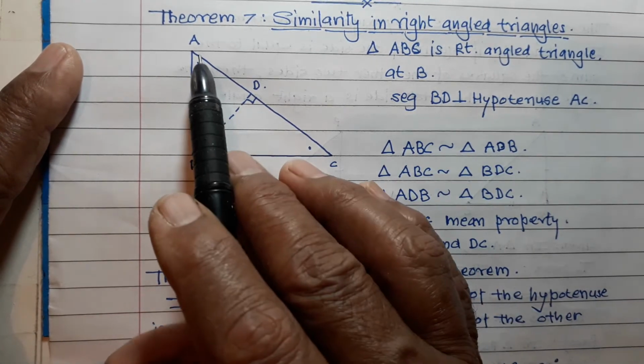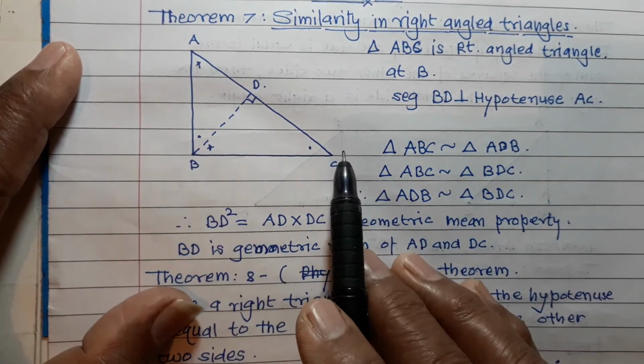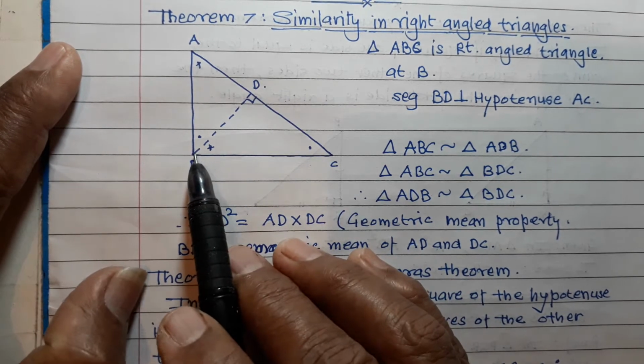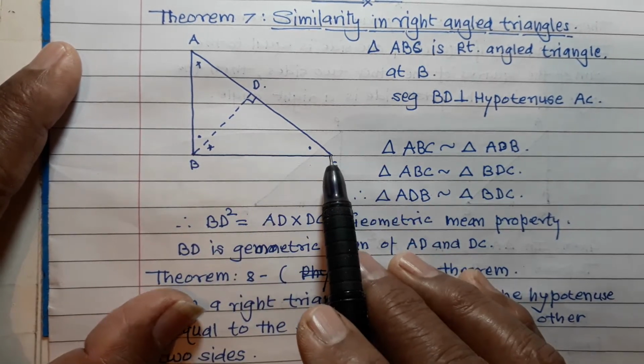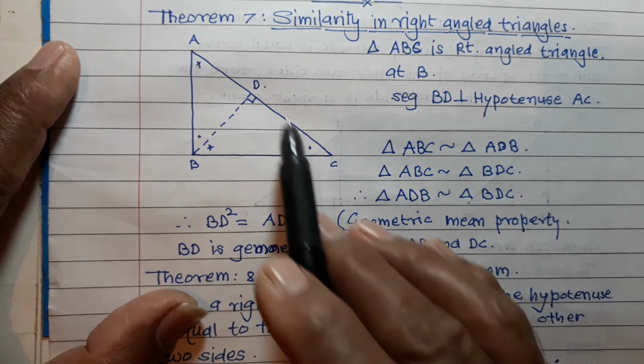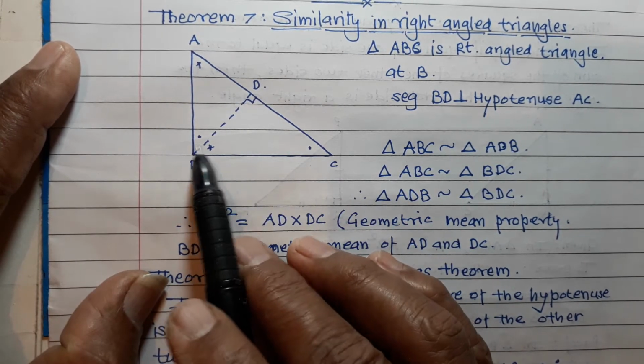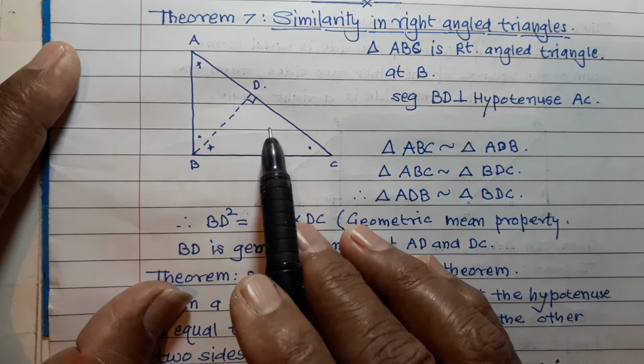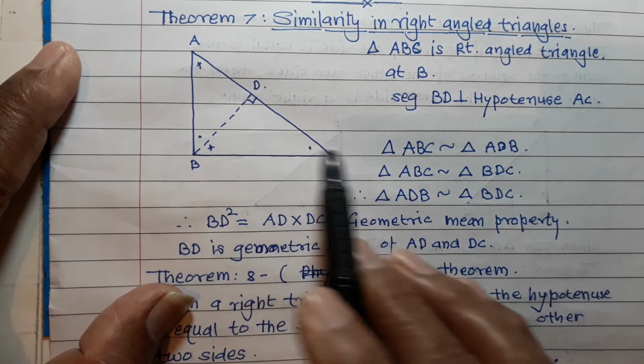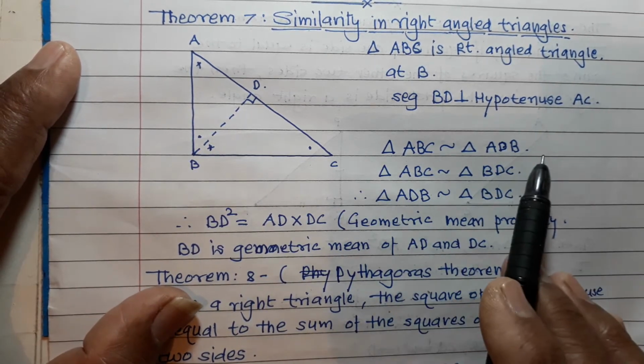Similarly, triangle ABC is similar to triangle BDC. In this case, angle C is common, and angle D and angle B are each 90 degrees, and therefore these two triangles are similar by AA test.